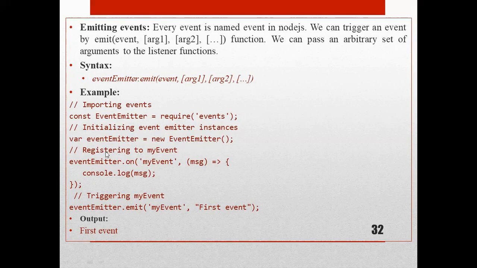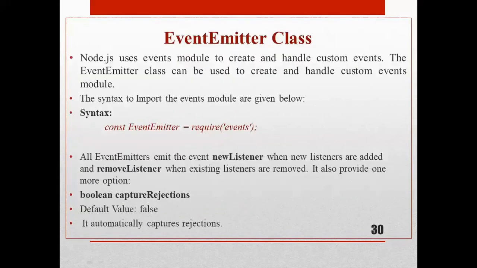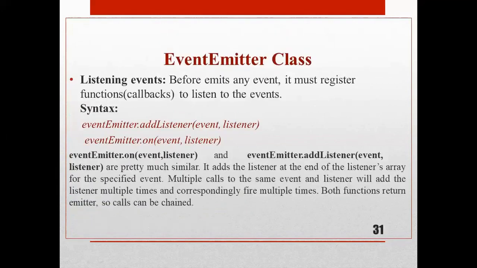Then we have to register the event. Here, registering to myEvent, this is the event name. So how to register? eventEmitter.on, or otherwise use addListener. Use addListener or use eventEmitter.on.